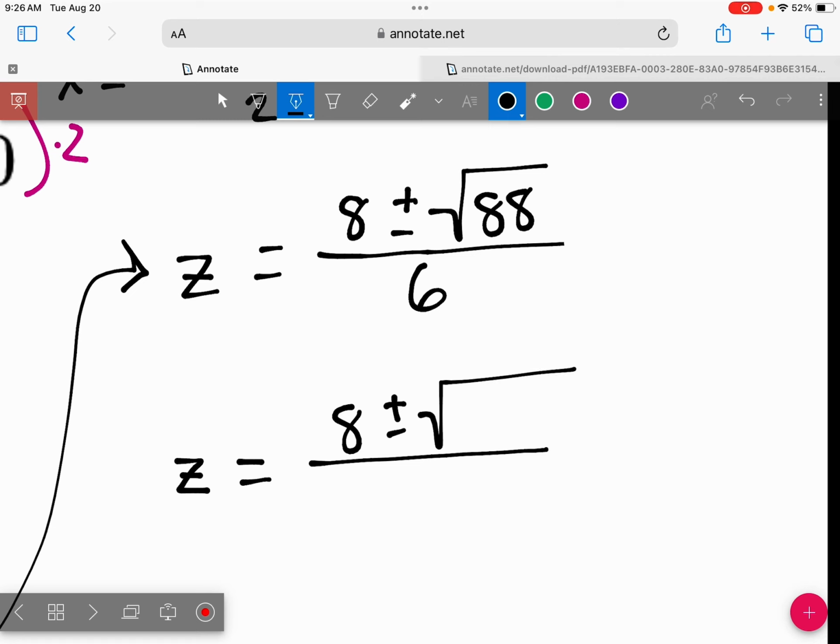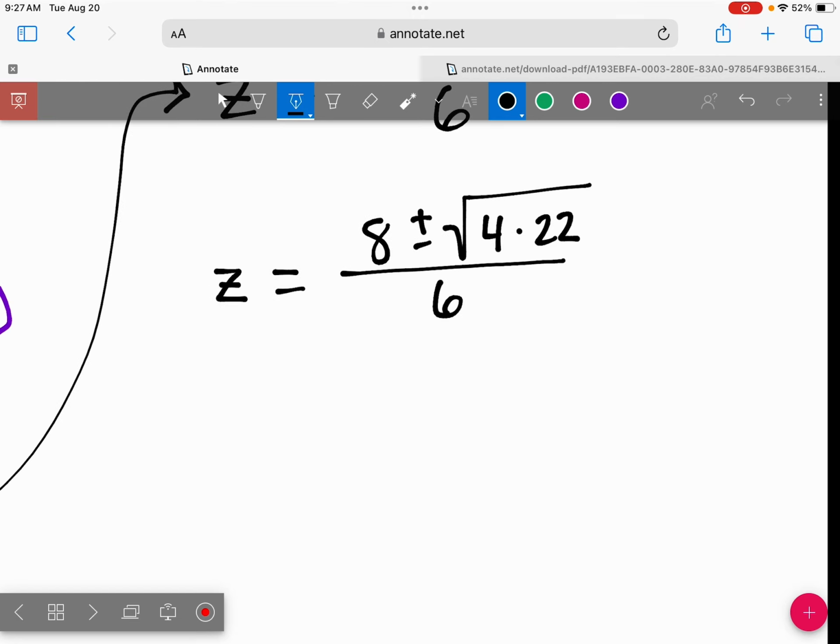Technically, it does divide by 2, but I need it to be a perfect square in order for it to be helpful. 4 and 22, right? I want to find a perfect square in there. So yes, technically 8 times 11 would work, but 8's not a perfect square. I need a square since we're dealing in square roots here.